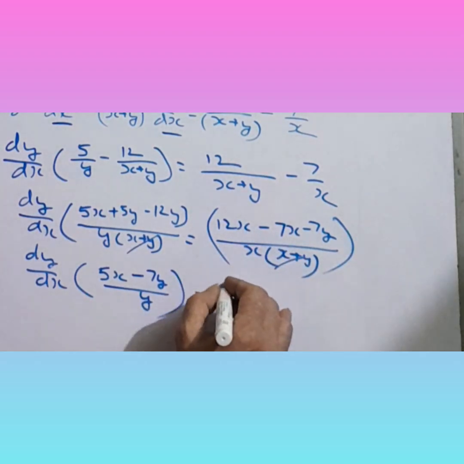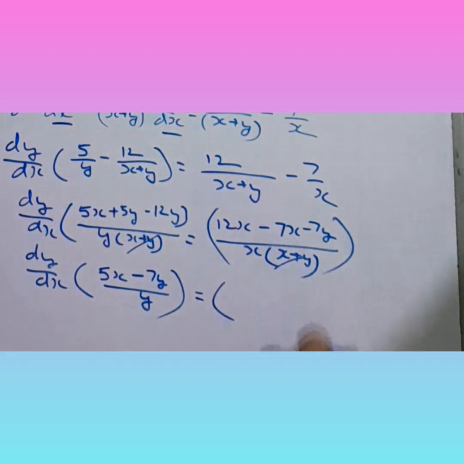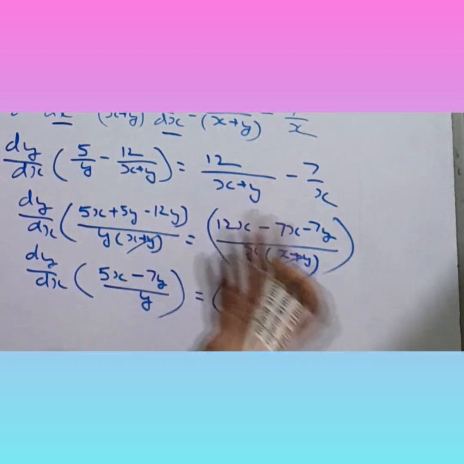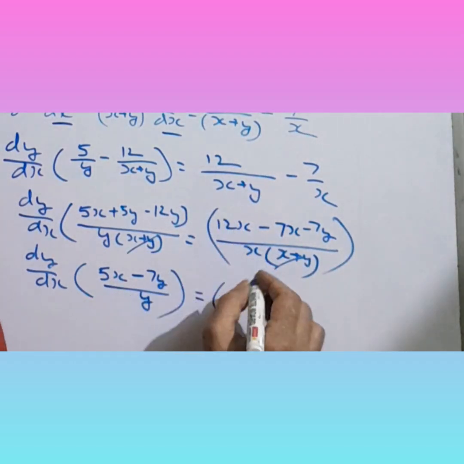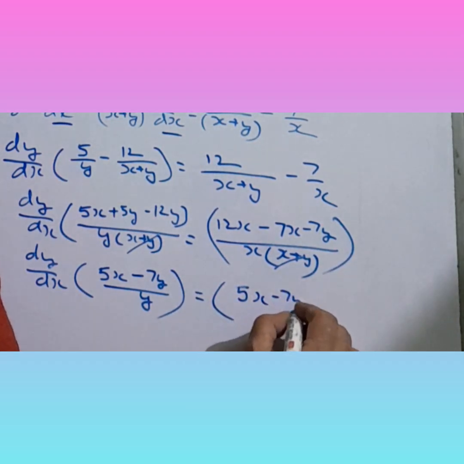Now again here, this is 12x minus 7x. Wait, hold on, I made a mistake. It is 12x minus 7x, that is 5. This is greater, so it would be positive: 5x minus 7y upon x on this side.